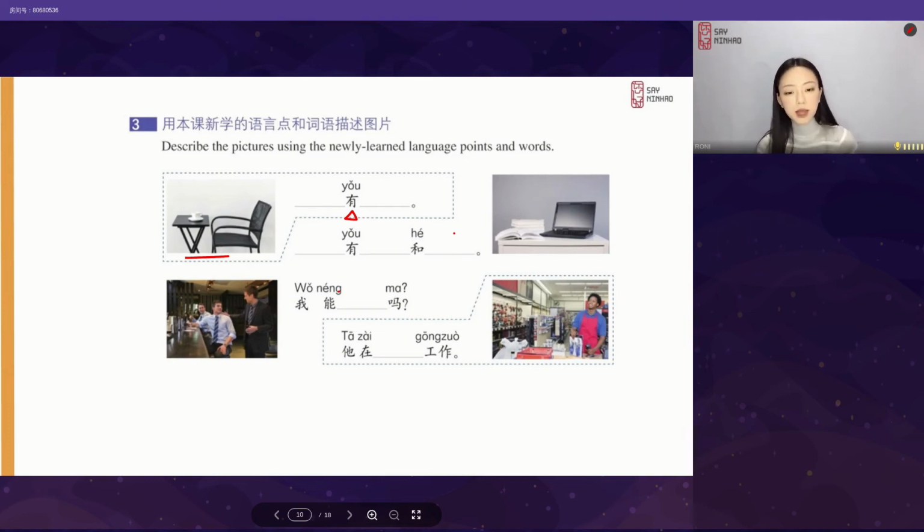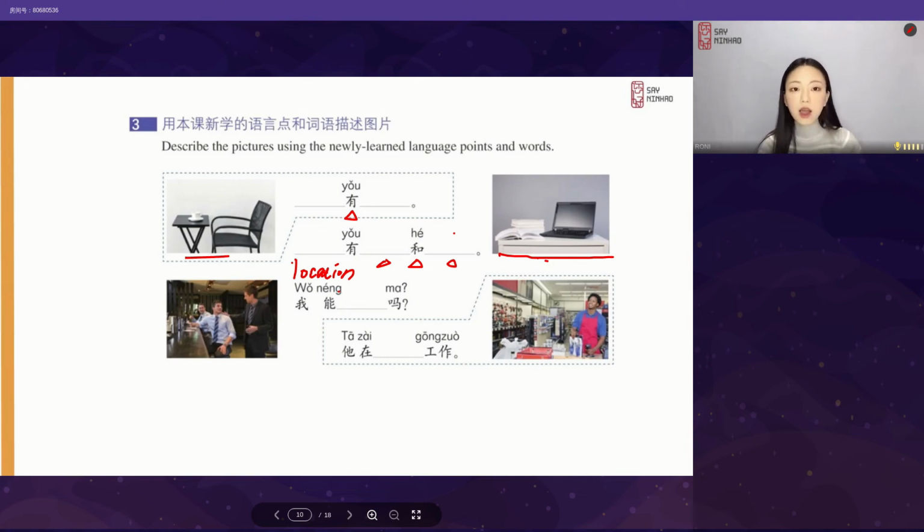Next one is still 有, but we need to use 和. 和 means and, which means we will connect two elements here. And before 有, there is a location, right? Location. So try to fill in the blanks. We can see there is a desk, and on the table there are books and the computer.